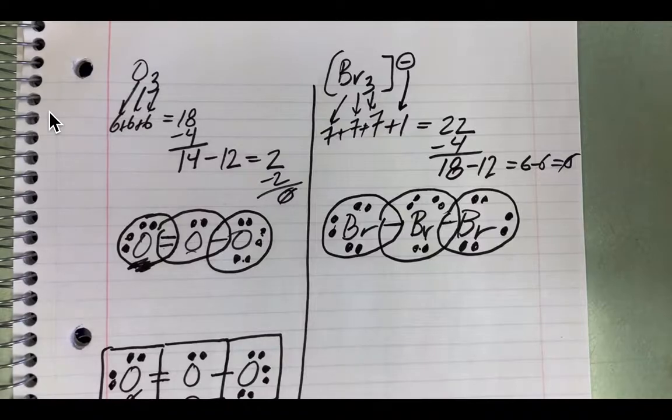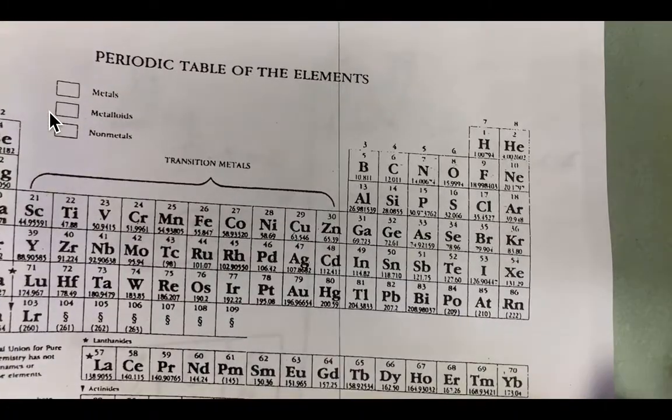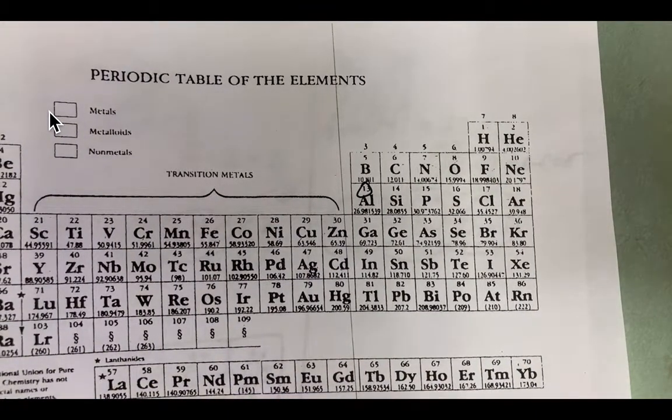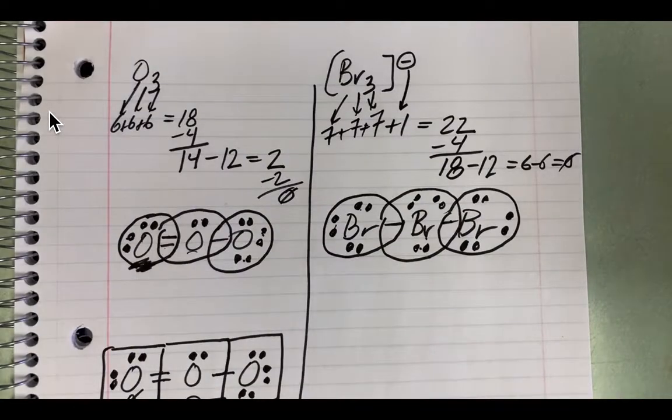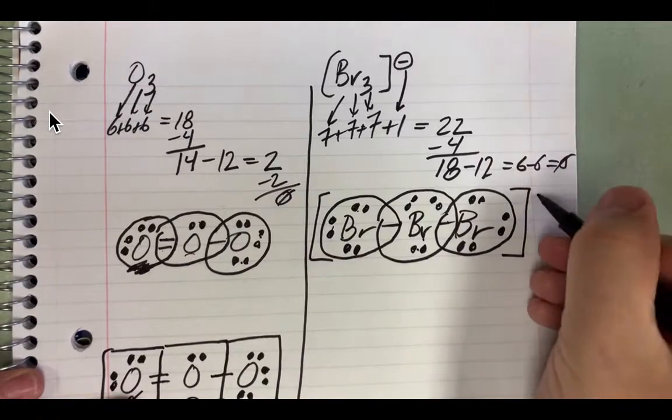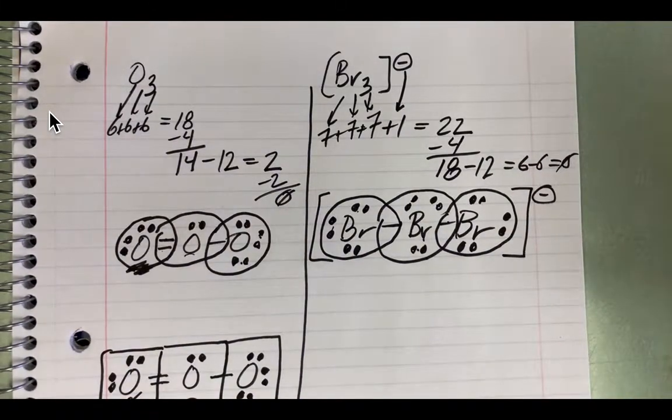And that's okay. Any element that's past aluminum on is a heavy element, and if it has to, it can have 8, 10, or 12 valence electrons around it in the structure. I want to be good here and put my brackets around and remind myself that this whole beast has a -1 charge to it.